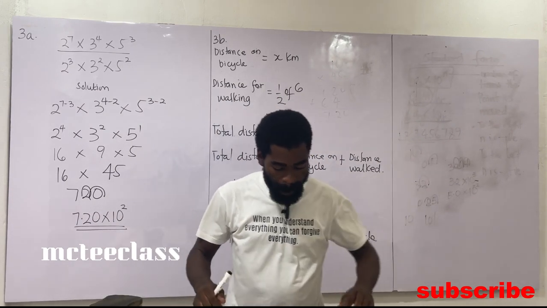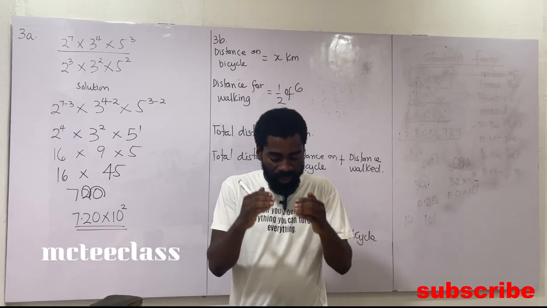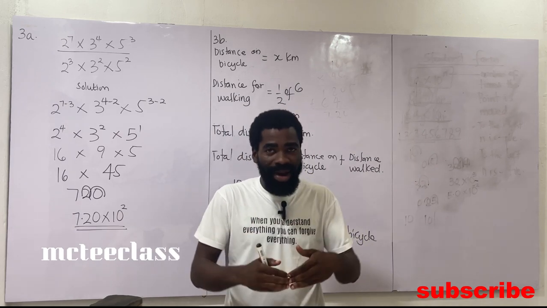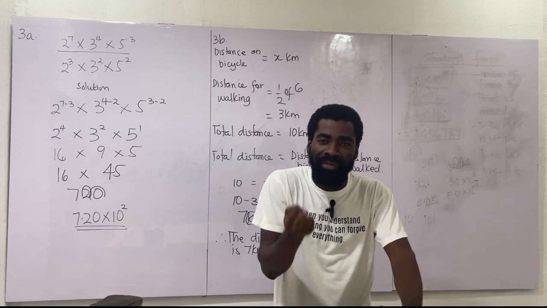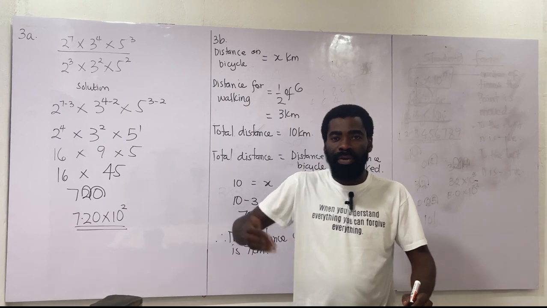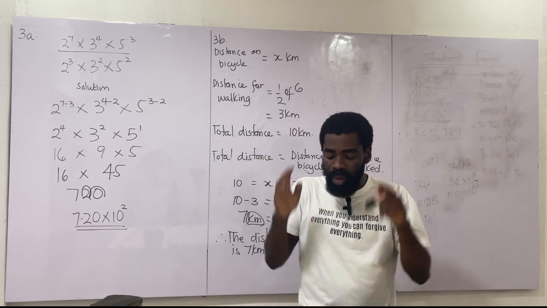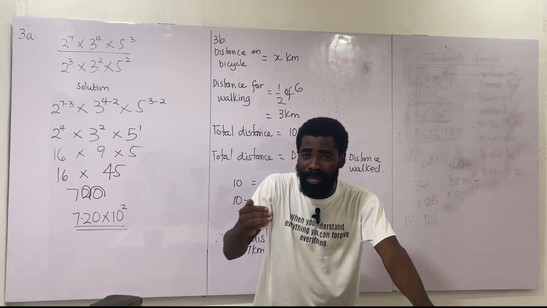Question C. Let's go. Once again, when we have questions like this, when you read the question, write down the parameters. Very, very important. It helps you to know what you have. Once I know what I have, then I know what I am looking for. But if you don't write those things down, it makes the work very difficult. Don't be scared of such questions. Just read the question and write down the parameters.